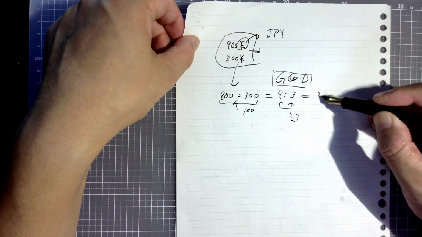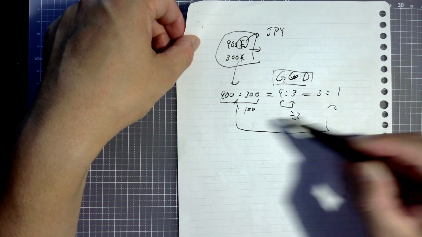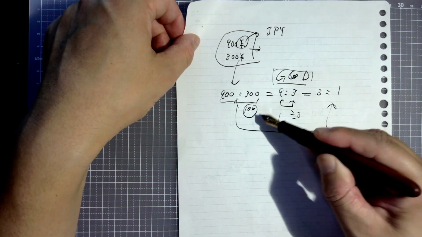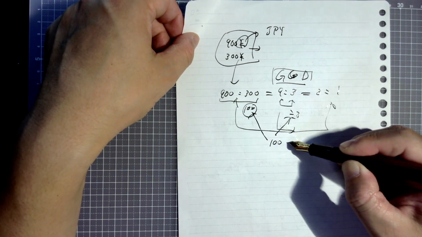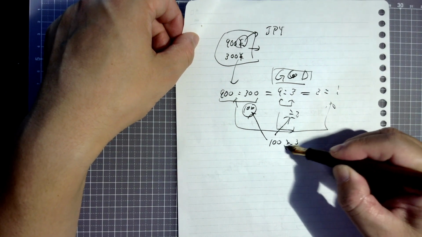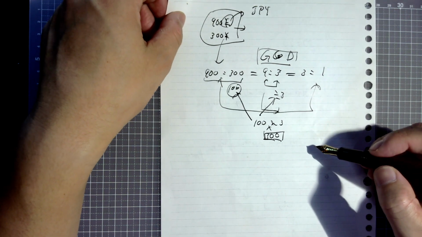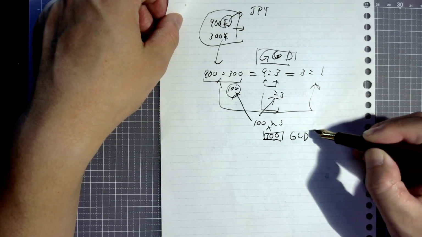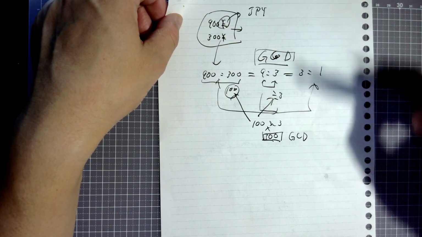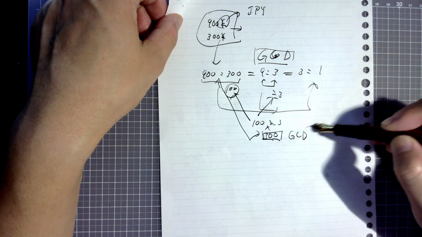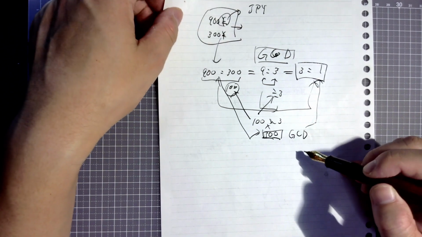So it ends up 3 to 1. And as you can see, you divided by 2 numbers, which are 100 and 3. So 100 times 3 equals 300. So 300 is the greatest common divisor, isn't it? So without using this pathway, you directly reach this end product by using 300 as the greatest common divisor.